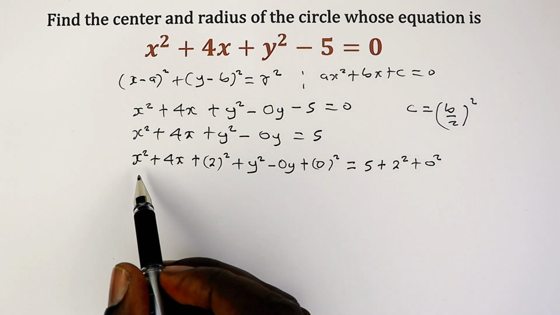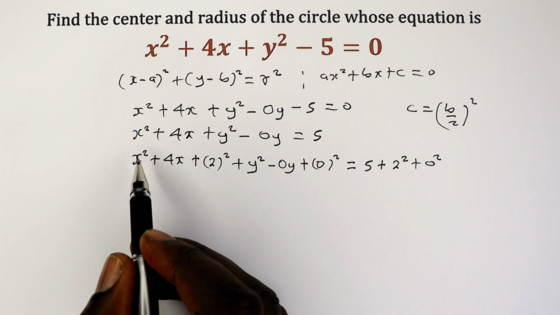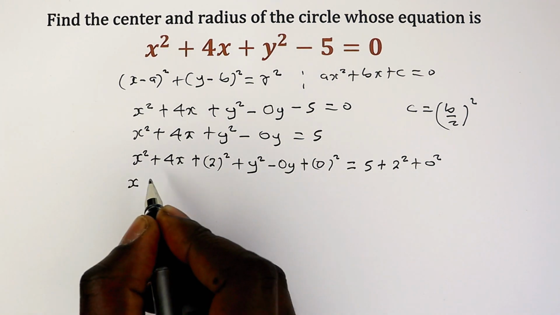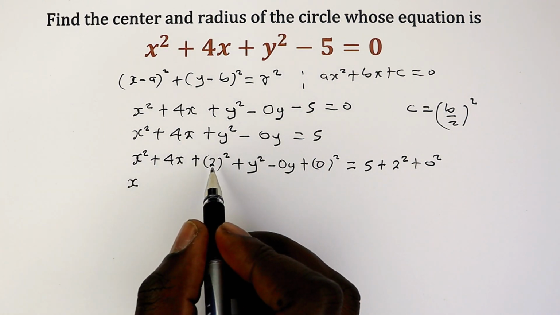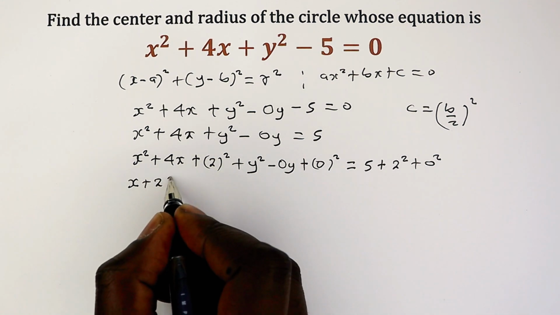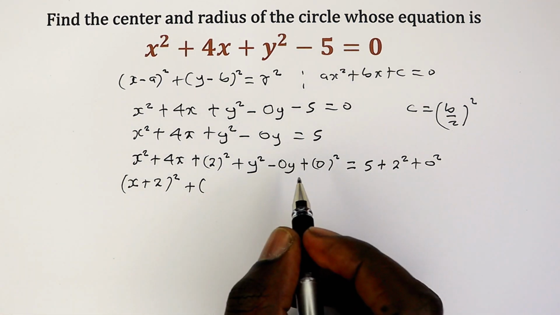So now let us pick the complete square on this side. We do that by taking the root of x squared, so x plus the root of the new c. The root of 2 squared is just 2. Then you square that. Then we do the same for the y variable.